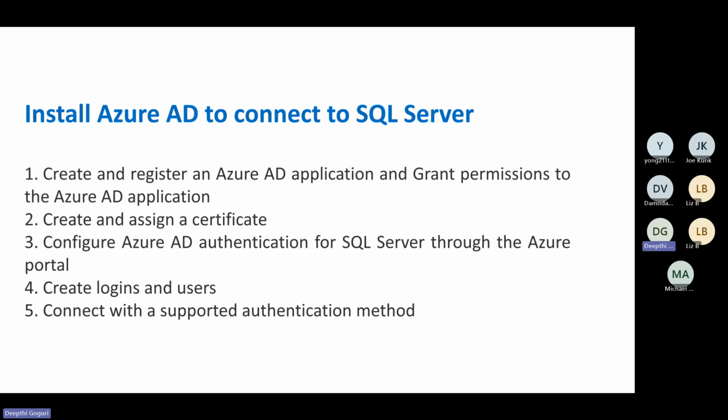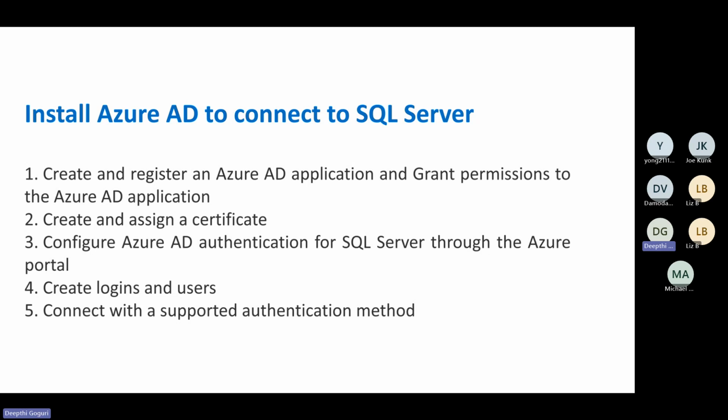The first thing that is required is to create and register the Azure Active Directory application and also grant permissions to that Azure Active Directory application. Previously, it happened automatically. All the permissions that are required for that application are automatically given. But since we are doing it manually here, we need to take care of all of these things.